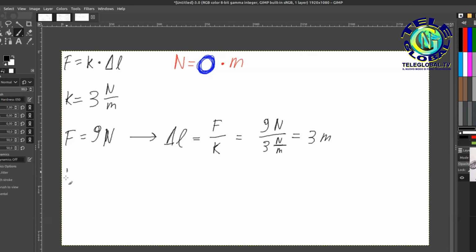So now say that you apply a force that is double this. Your stretching here is still force over constant.